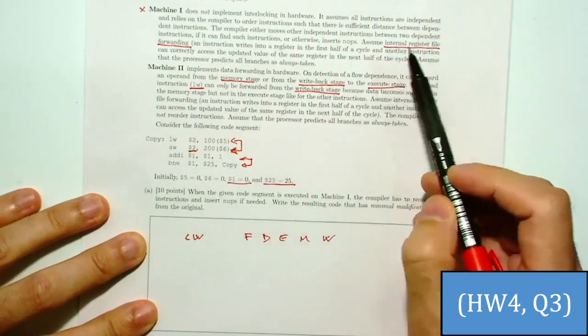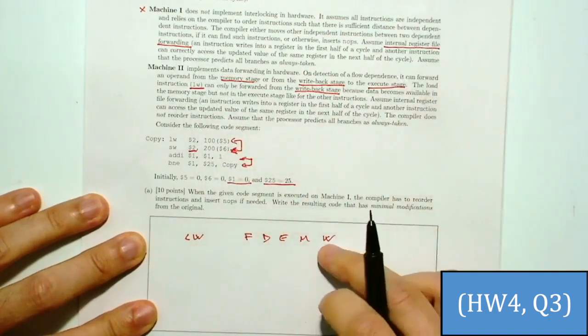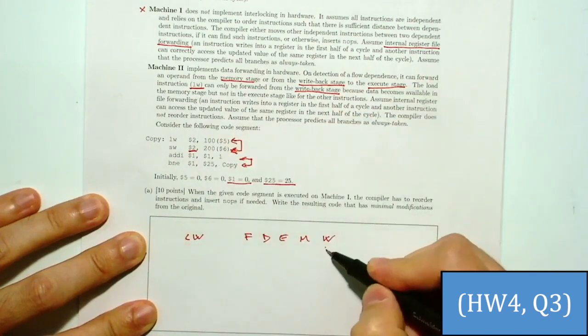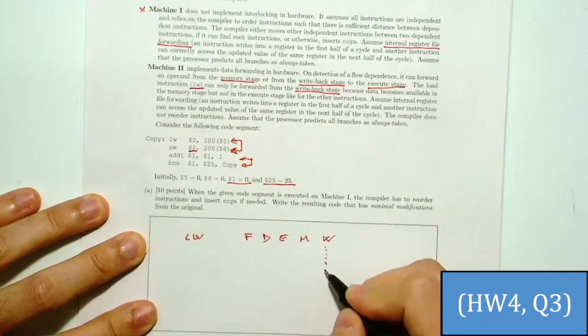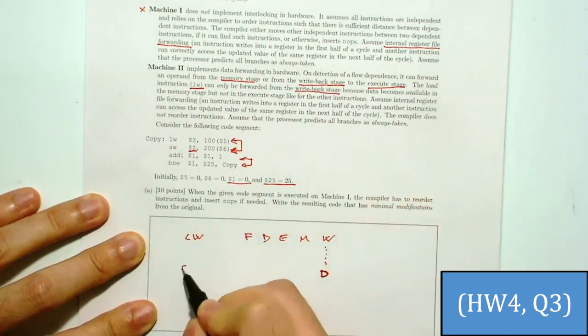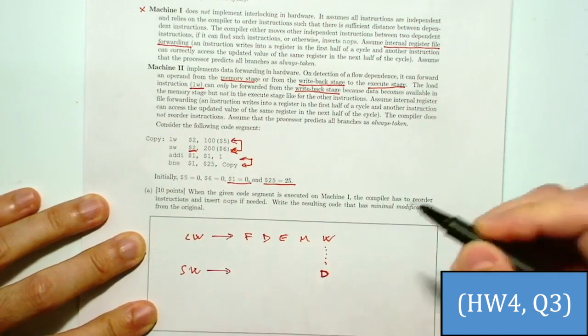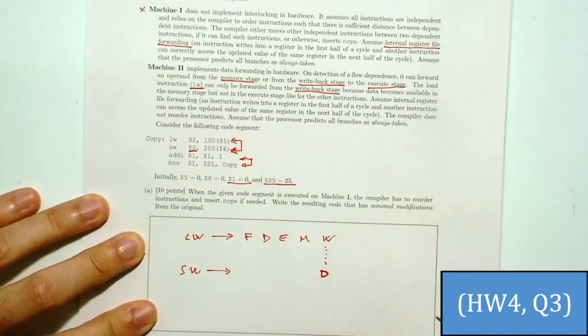And we see here that we assume internal register file forwarding. So in the same cycle that we write back in the load, we can read from the store. At this point, in the write back, we can read for the store, and we read registers in the decode stage. So this is the load instruction, and this is the store instruction. The best we can do is have the store here. So this is decode, and this should be fetch.